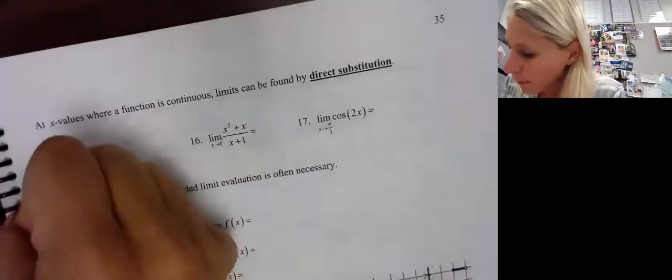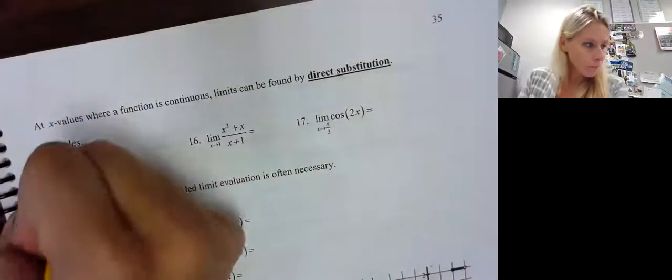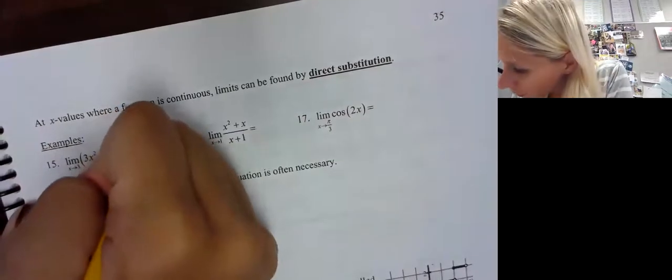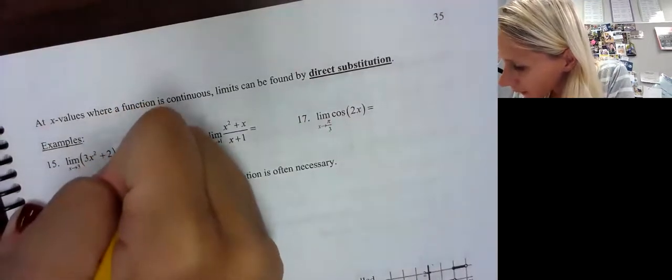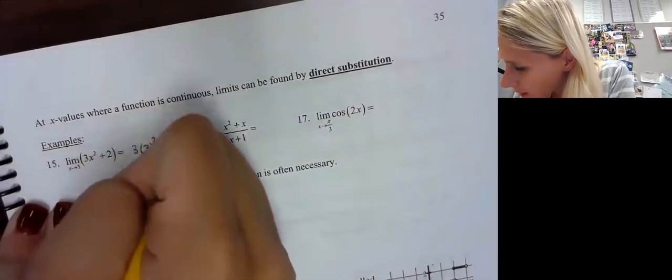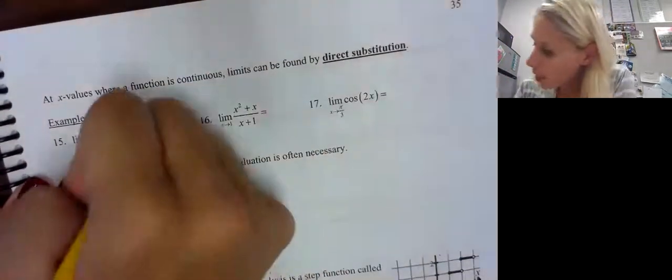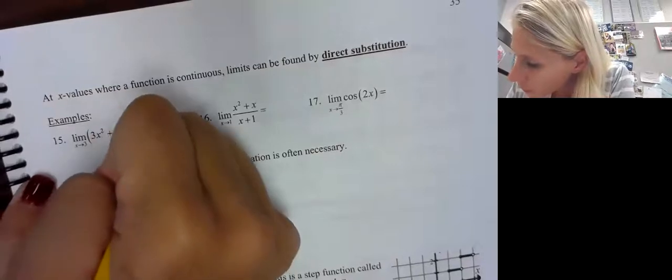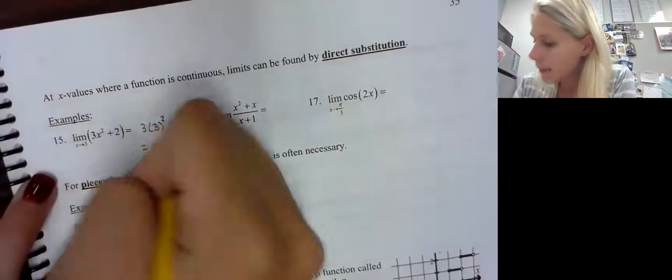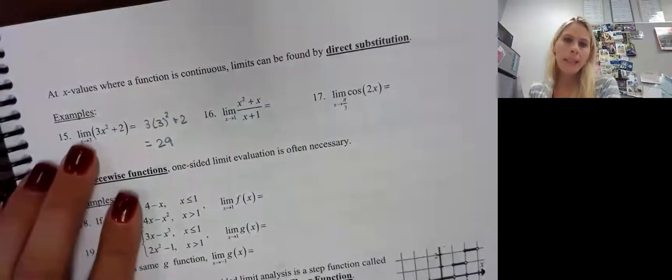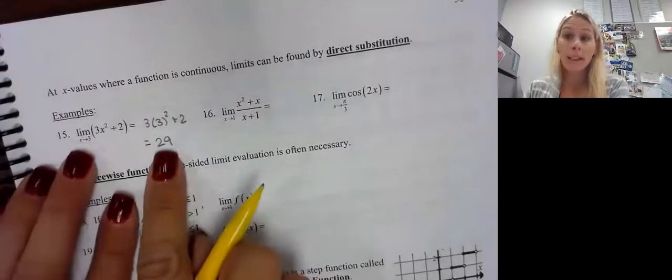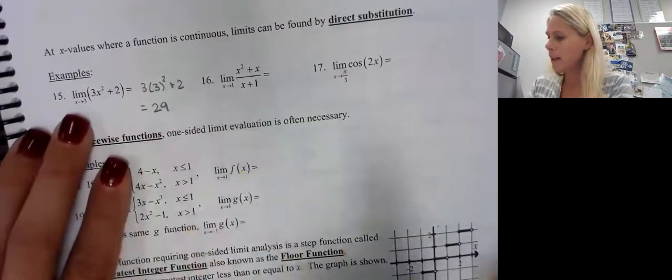If I plug it in first, I would get 3 times 3 squared plus 2. When we calculate that, we get 29. So the limit as x approaches 3 is 29.